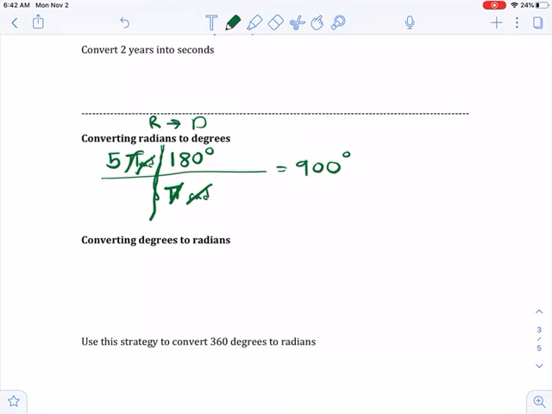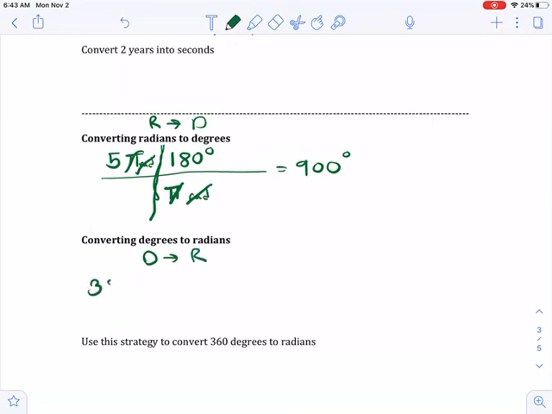And you can work this out for yourself, but 5 pi should be 5 half rotations of a circle. So that'd be 2 full circles plus another half. So 360 to 720, and then plus another 180 gives me 900. So it works out.